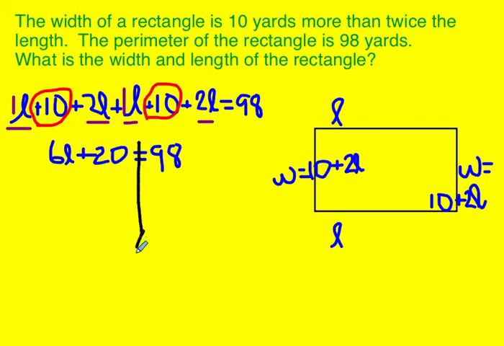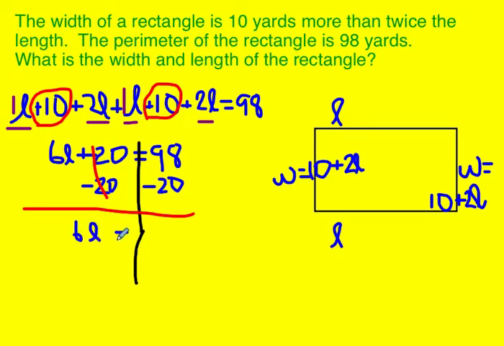So here's our wall through our equal sign. I need to work to get L by itself. So I'm going to start by subtracting 20. 98 minus 20 will give us 78. So these over here on the left-hand side are going to cancel out, and I can say that 6L is equal to 78.